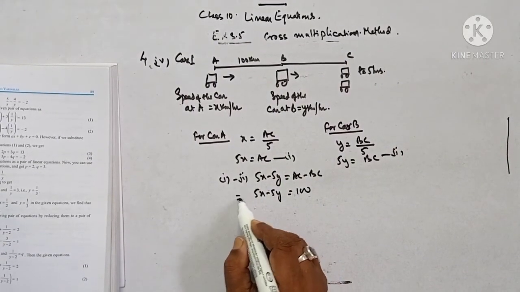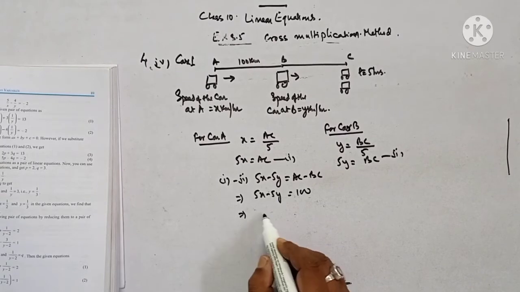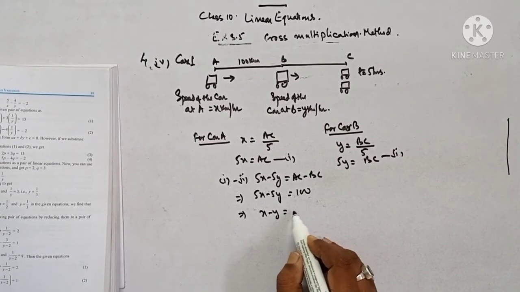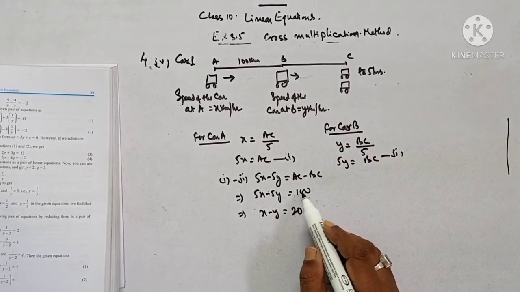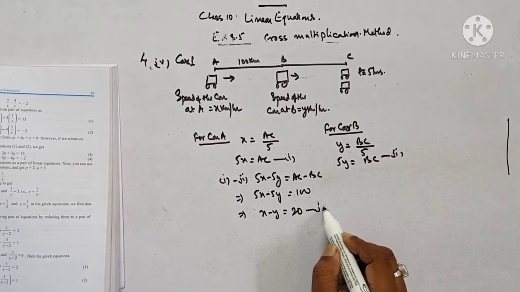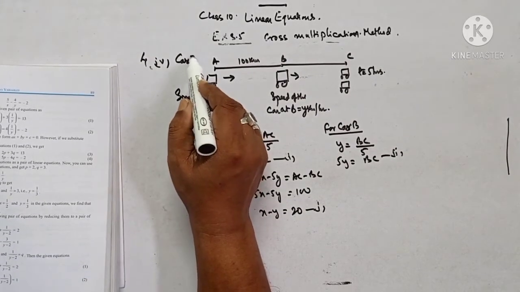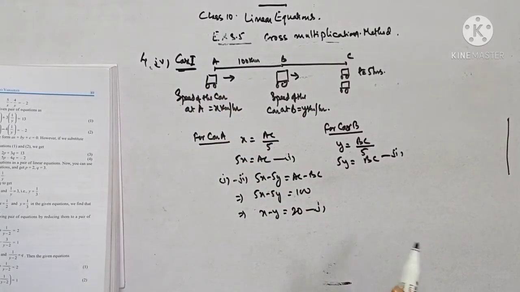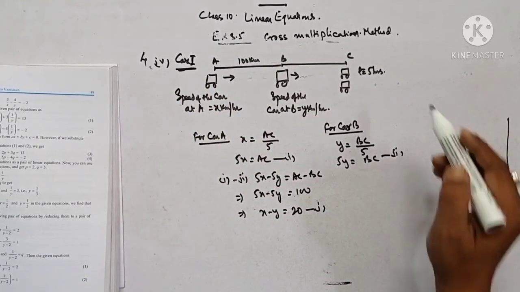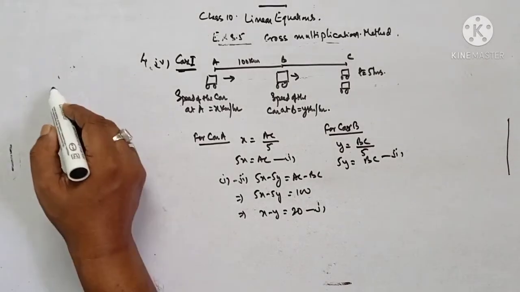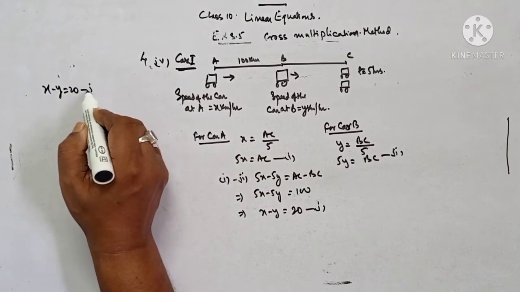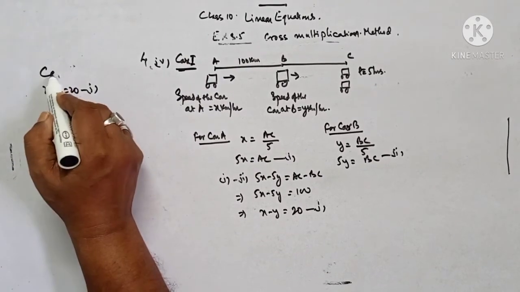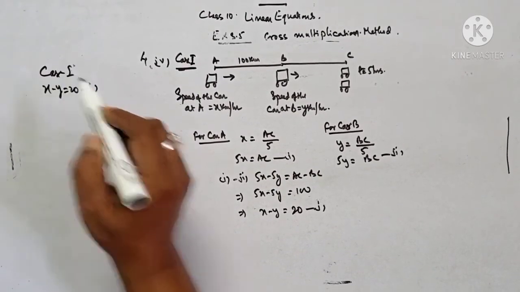So if we take 5 common, x minus y will be equal to 100 divided by 5, that is 20. This is your case 1 when they are moving in the same direction. So x minus y is equal to 20. This is equation 1 for case 1.